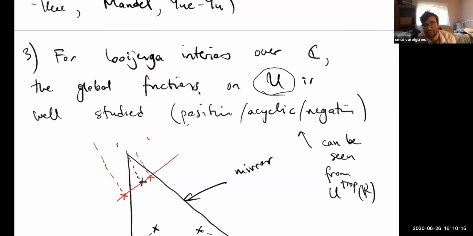I think all restriction maps should respect L infinity structures, and that should be a sheaf of L infinity algebras. It's a little hard to communicate with that.